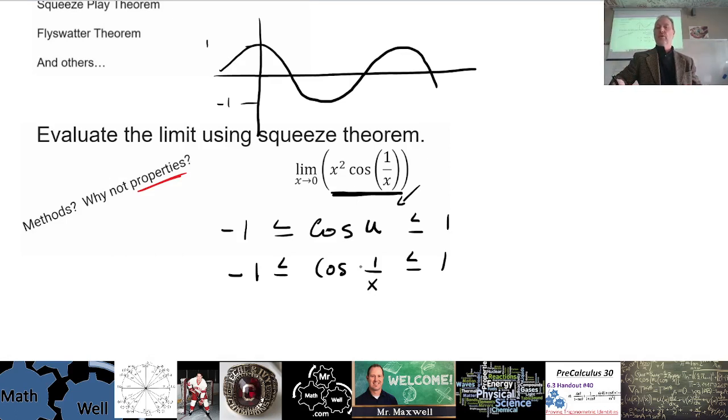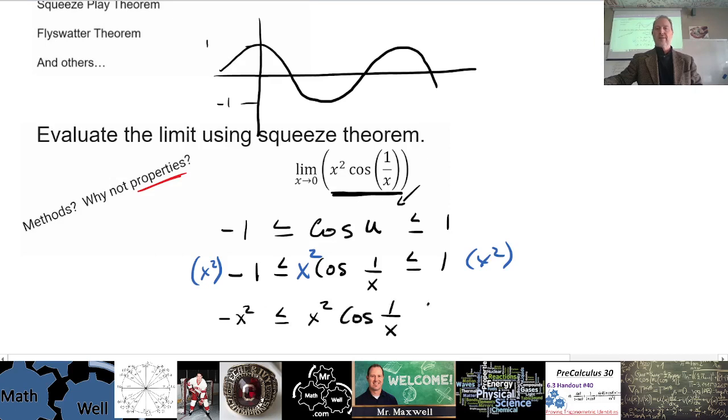Some of the inequality rules, though, if you multiply or divide by a negative value, you have to flip the signs. So remembering all those properties, we can still manipulate this. So I'm going to multiply everything by x squared, because that's going to build up to the function I'm looking for in the middle. So this is going to be -x squared is less than or equal to x squared times cos of 1 over x, which is less than or equal to positive x squared.